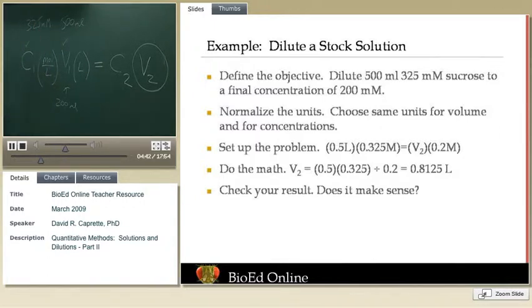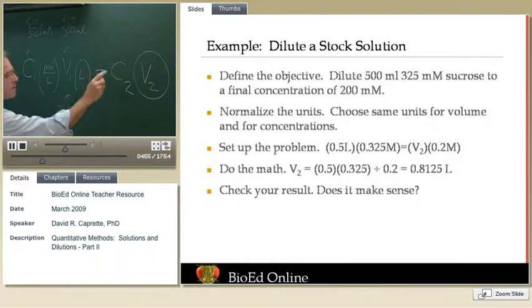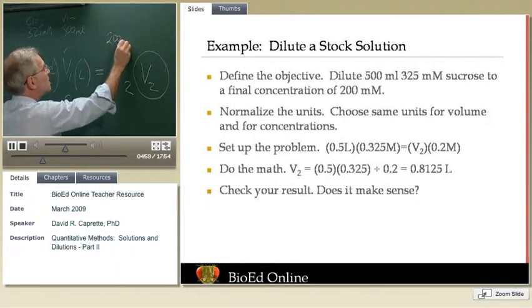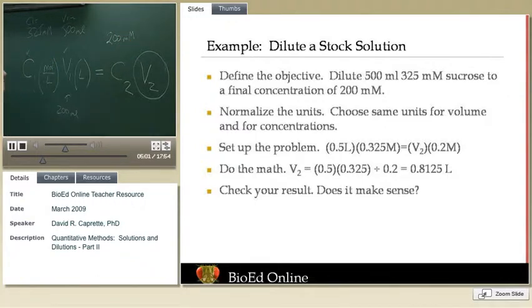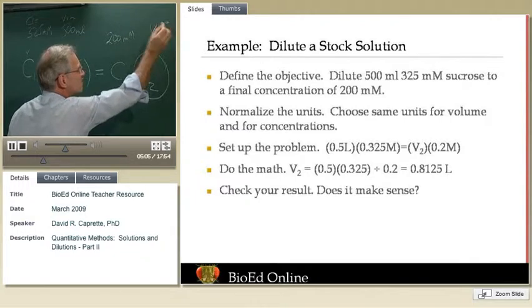That's our concentration. So C1 equals 325, V1 equals 500 milliliters. Now our desired final concentration is 200 millimolar, and we don't know what V2 is.